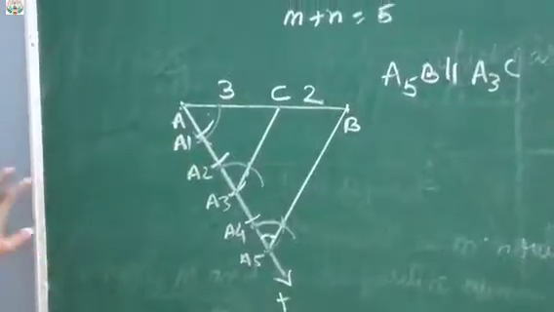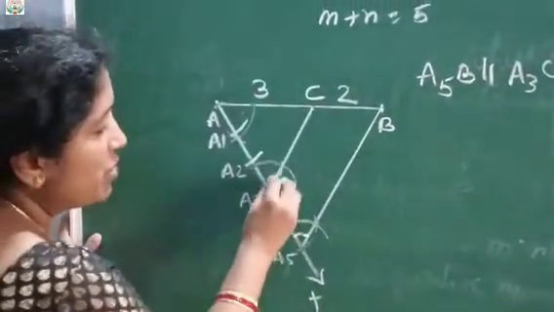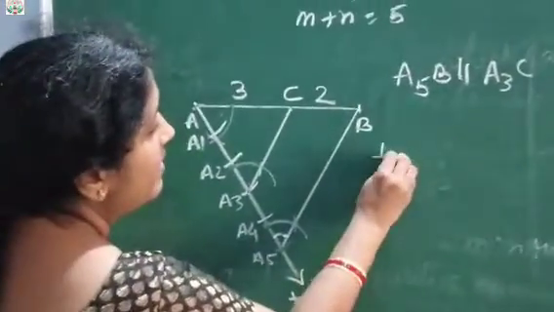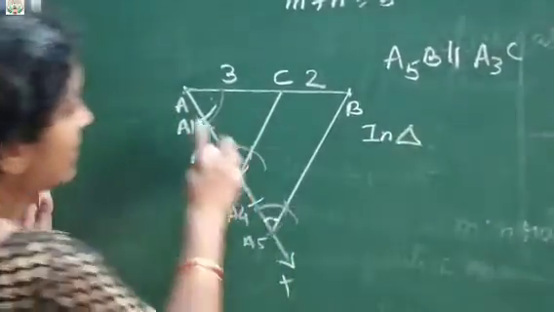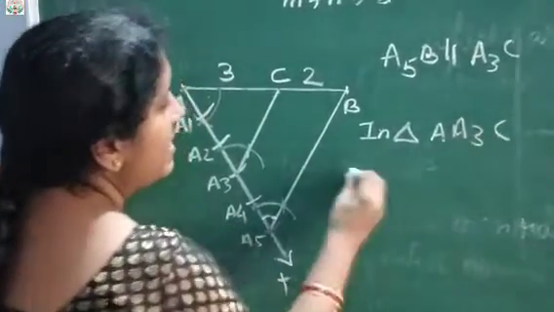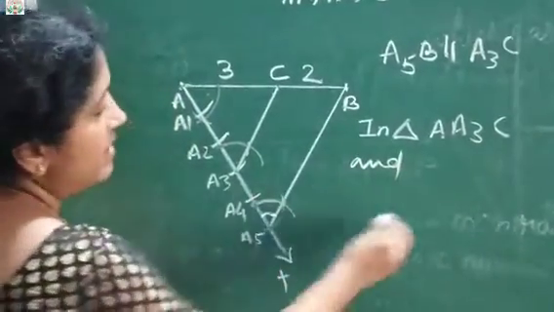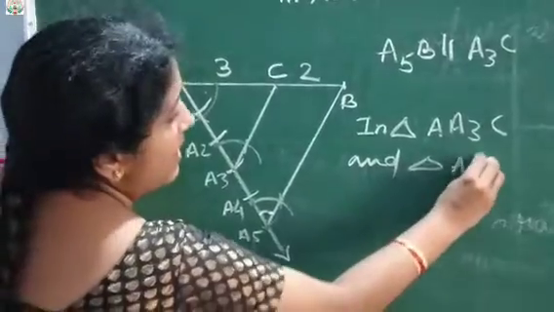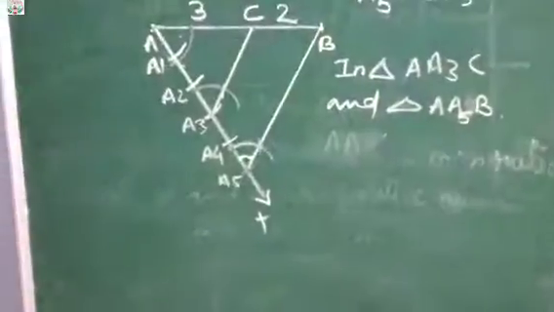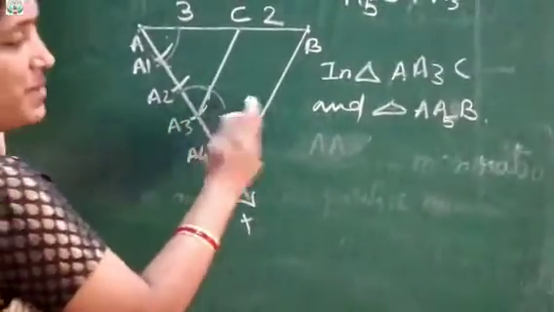Then how will you show that? Now, we know that in triangle A3C and triangle A5B, this triangle is similar to this triangle.